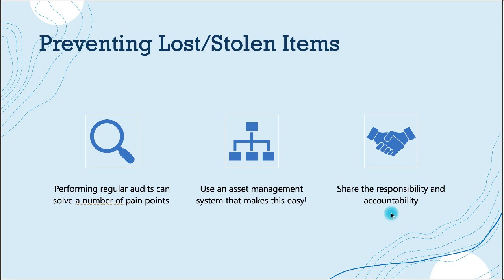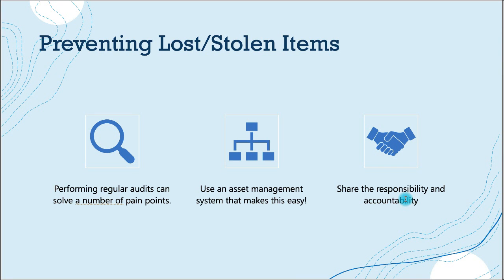And sharing that responsibility I think is key to this conversation, and making sure that the folks who are actually using those tools, who have them, who know their whereabouts, who know their condition, are the ones who we're actually having assist, and that it's a shared responsibility between an inventory manager, warehouse manager, and the people who are out on these job sites.